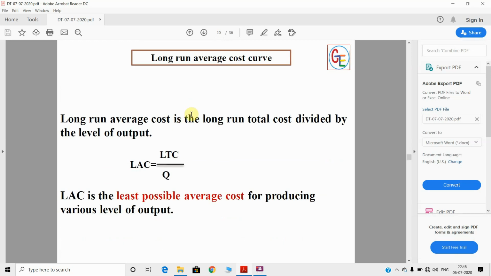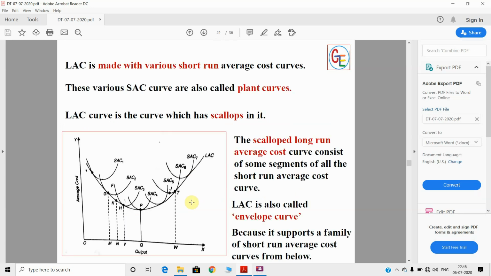Next, the long run average cost curve is the long run total cost divided by the level of output. Your LAC is equal to LTC divided by Q, and LAC is the least possible average cost for producing various levels of output.